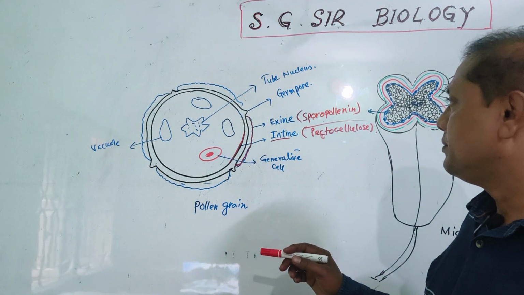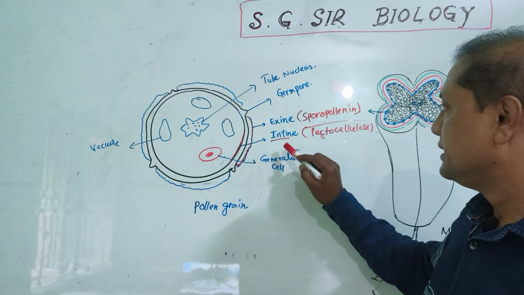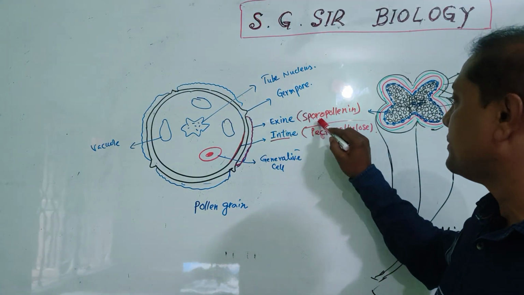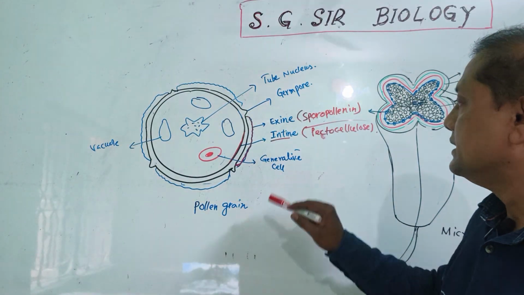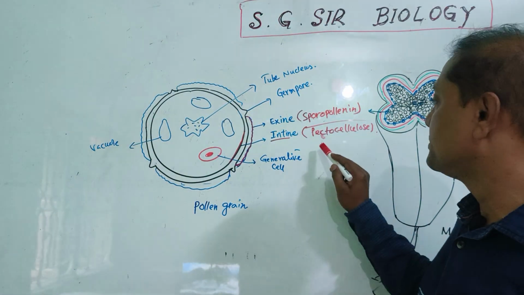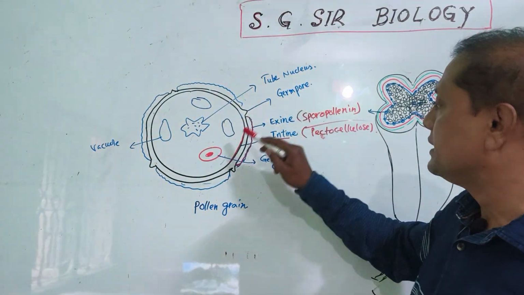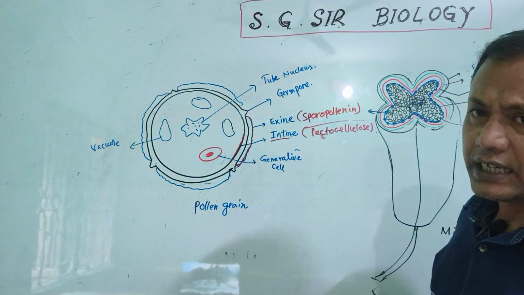So exine is the strongest, hardest layer, and it is made up of the substance sporopollenin. The inside layer is called intine, which is made up of pectocellulose. And inside this you see the vegetative cell or tube nucleus and the generative cell, with many vacuoles. This is the whole structure of the pollen grain.